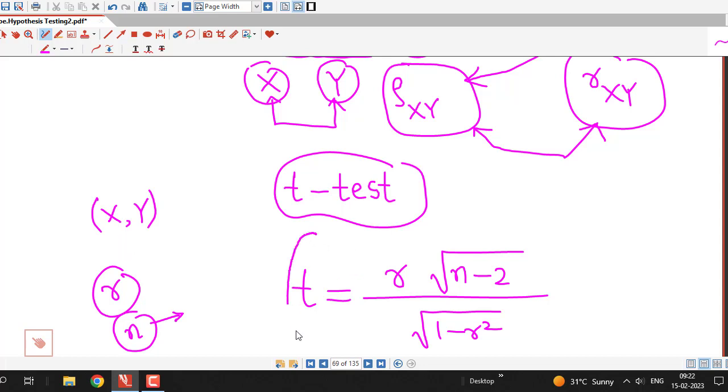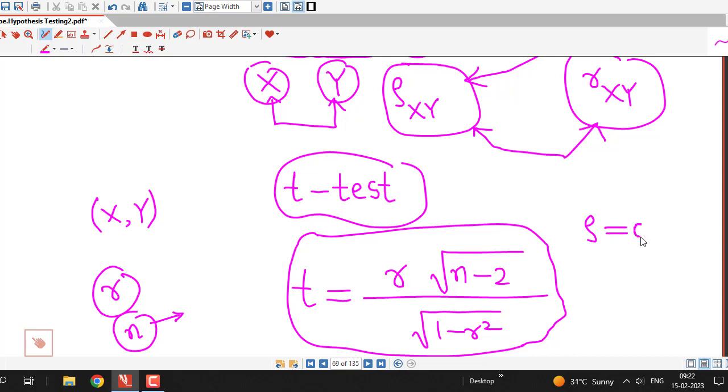We will calculate the value of the test statistic using this formula, which uses the assumption that the null hypothesis is correct, that is, the population correlation coefficient is 0. We will consider the null hypothesis as rho equal to 0, that is, there is no correlation between variables X and Y in the population, and the alternative hypothesis is rho different from 0, that is, there is a correlation between X and Y in the population.